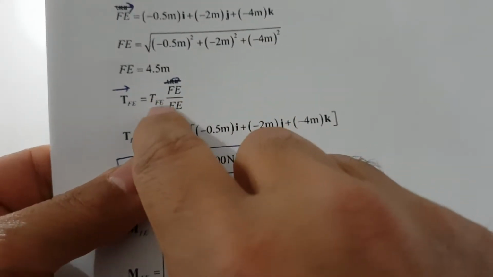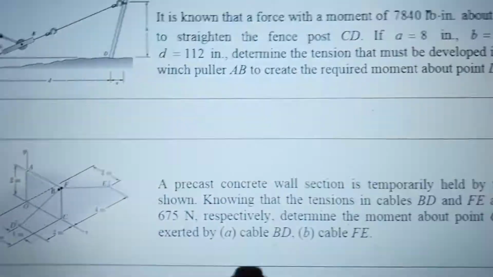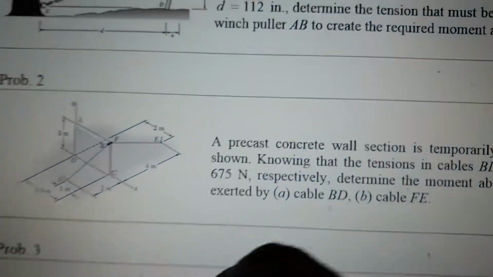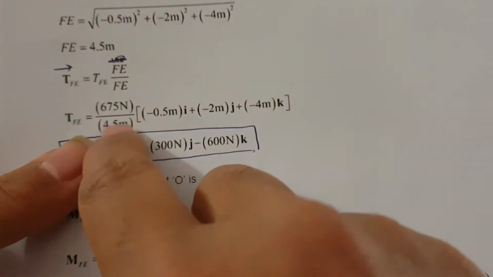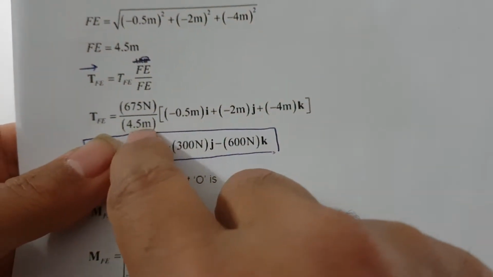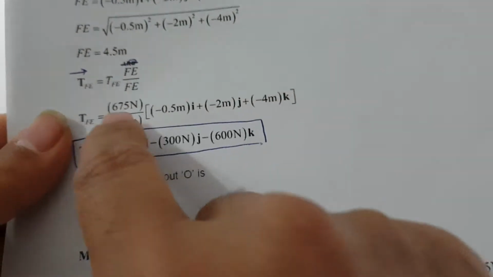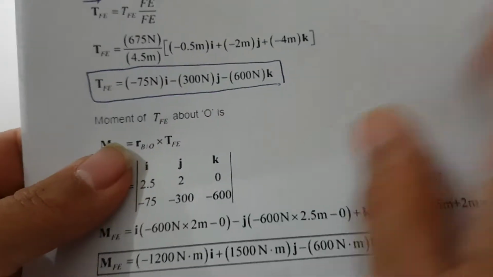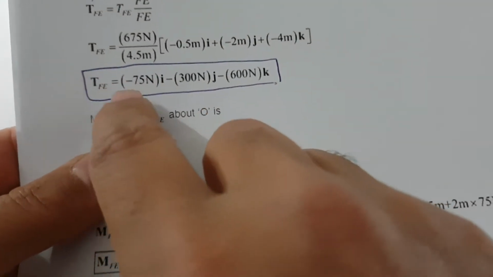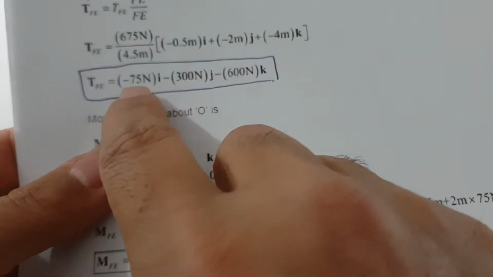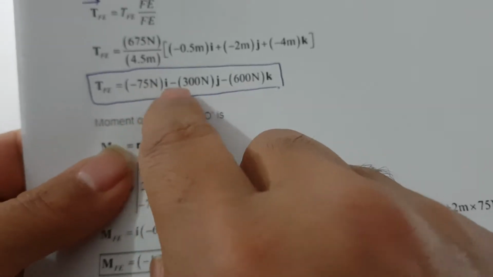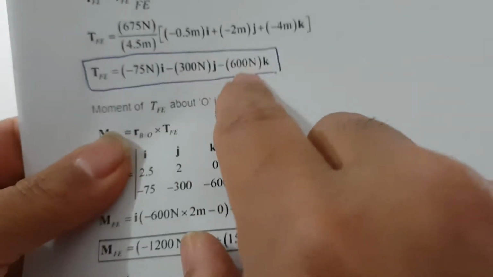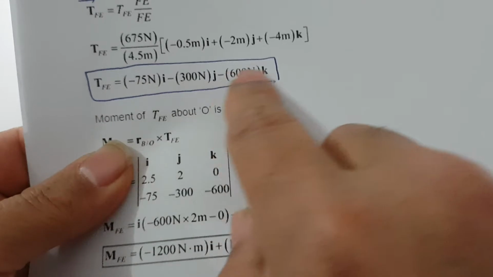The tension of FE was given in the example, 675. The magnitude of FE is 4.5. So now we rearrange this equation and get the vector form of tension FE: minus 75 Newton I, minus 300 Newton J, minus 600 Newton K. So we have all of this now.